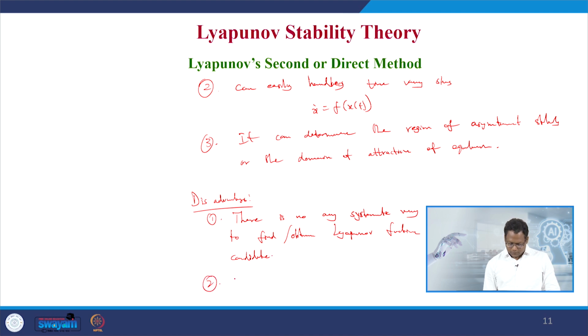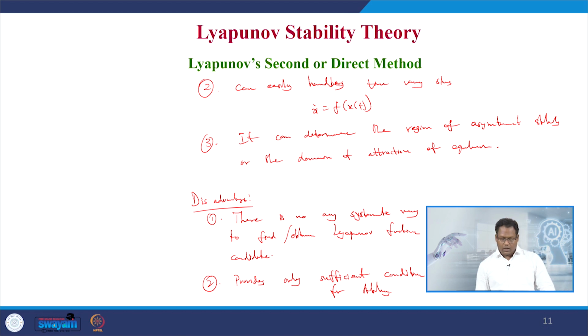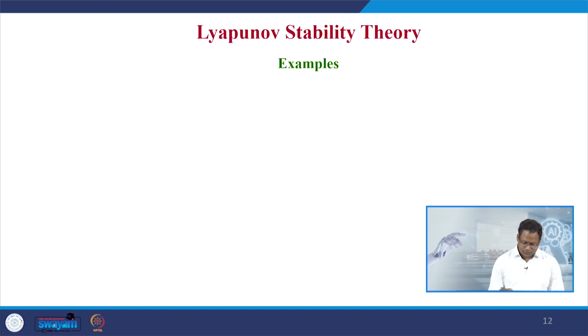Another point is Lyapunov stability criterion provides only sufficient condition for stability. Okay, so that is the case. Now, let us see an example that involves both these approaches.